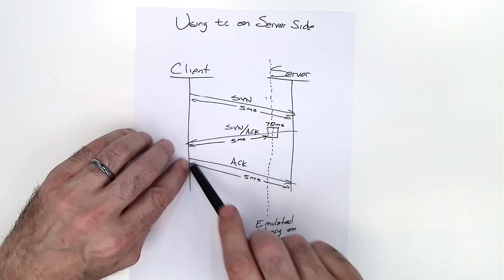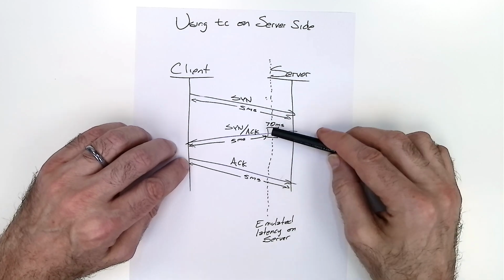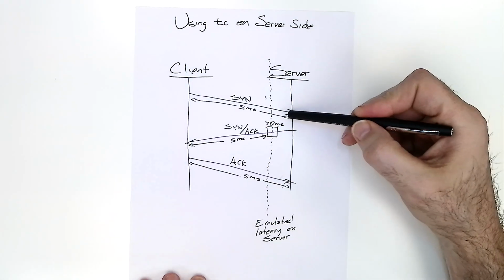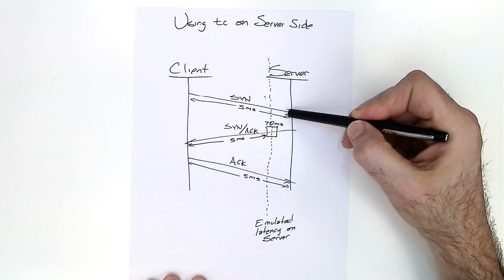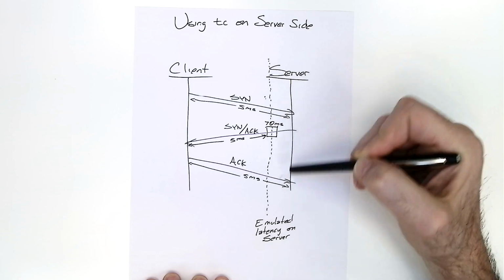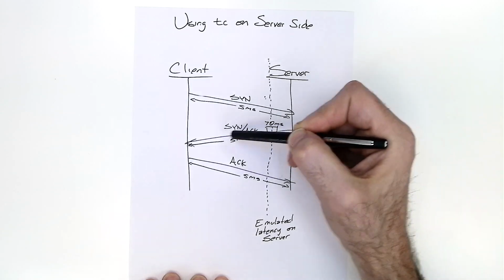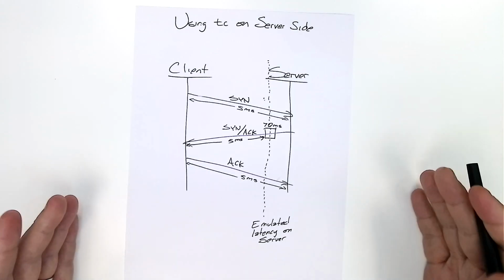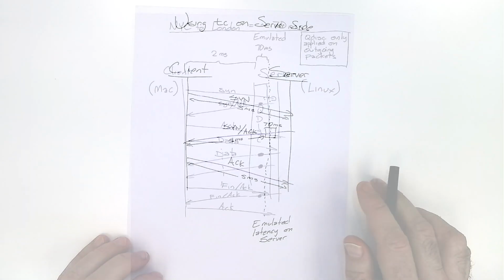Then we see 0, 70, 5, 80 milliseconds. And then what if we capture right on the server? That's our 0, 0, that's instantaneous. Then from here to here is 70 plus 5 plus 5, 80. So we get 80 milliseconds regardless of how we do it.